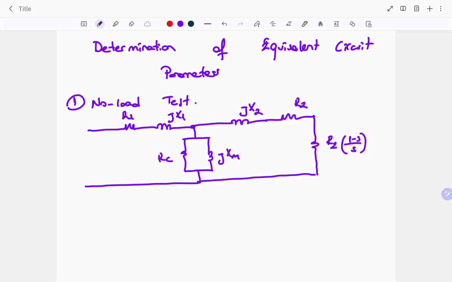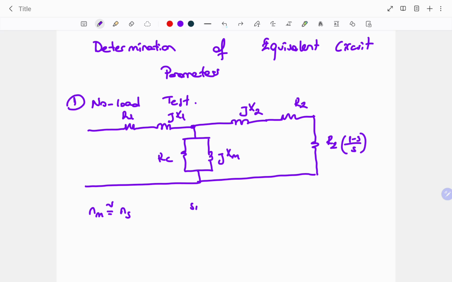When we examine the circuit during the no load test, Nm will be very close to Ns. Why? Because there is no load at the output side. When we remember the torque speed characteristics, Nm will slide toward Ns. So if they are very close to each other, we can say S will be very, very small.